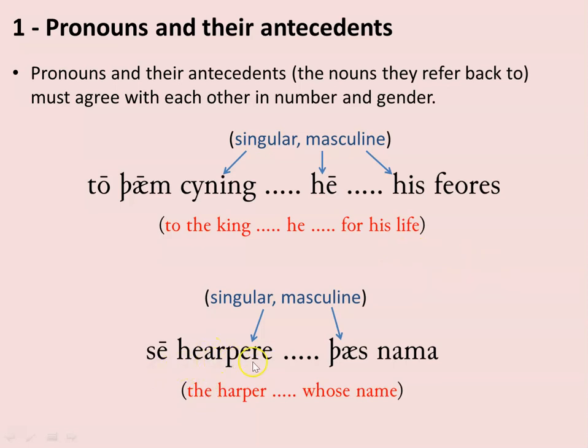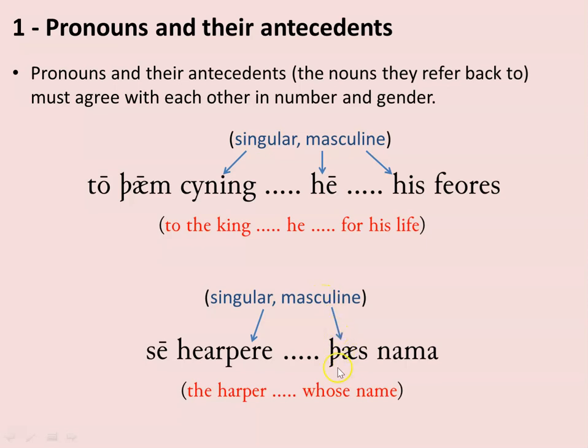Se harpere, whose name... The noun harpere, the harper, is singular and masculine, and the pronoun whose agrees in number and case, singular and masculine. Sorry, I was mixing those two words up around there.